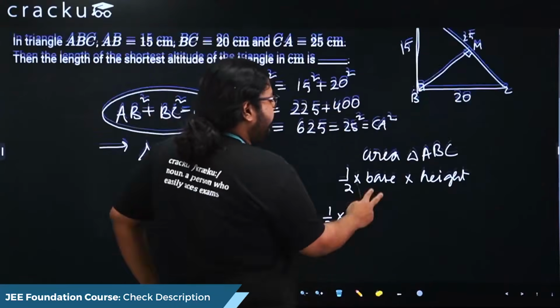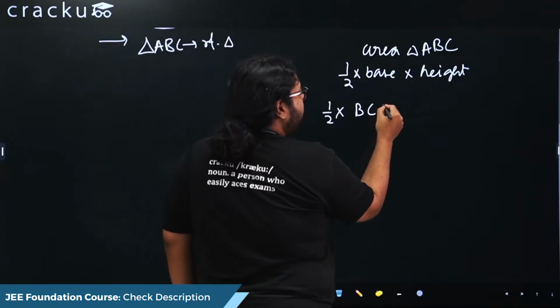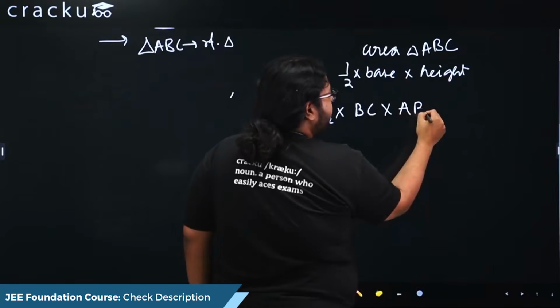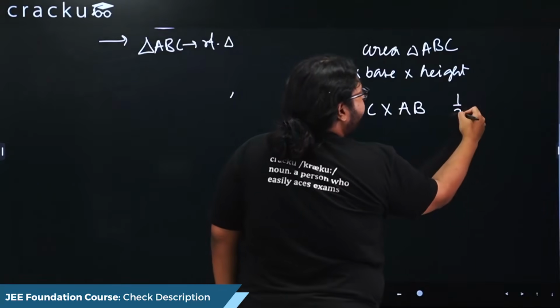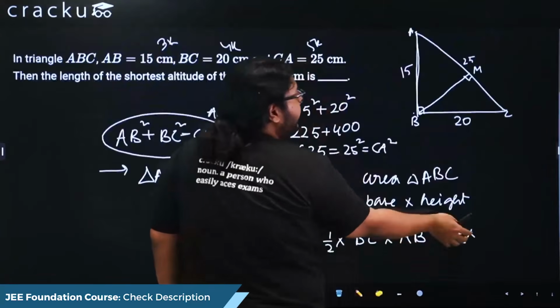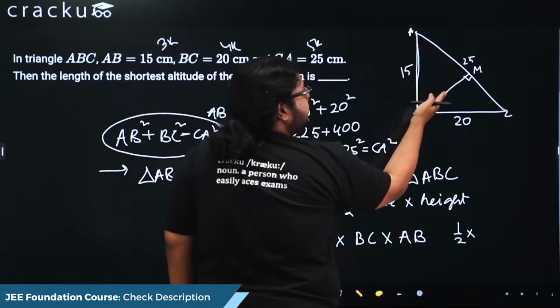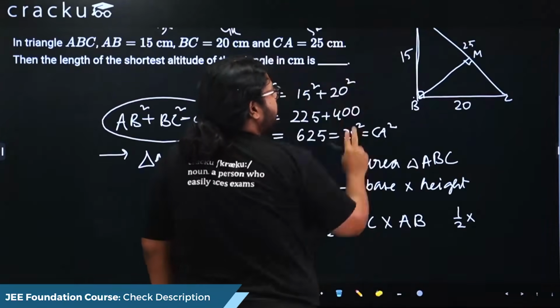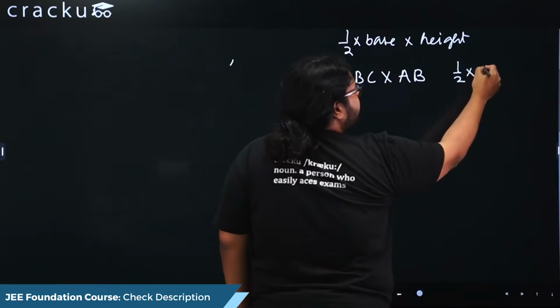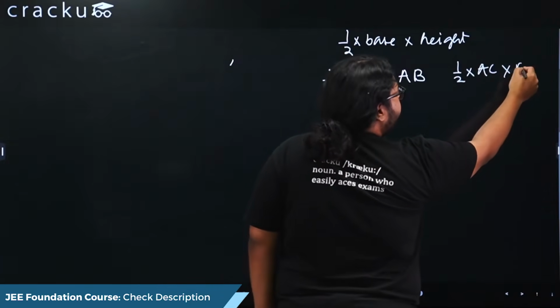So I can write half BC into AB. Similarly, if I consider AC to be the base, then BM is the height. So half AC into BM.